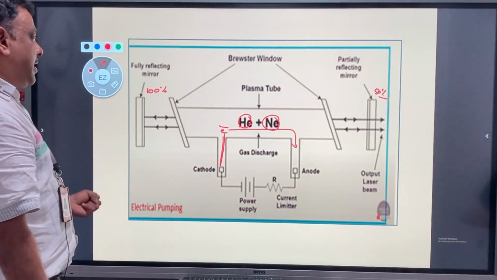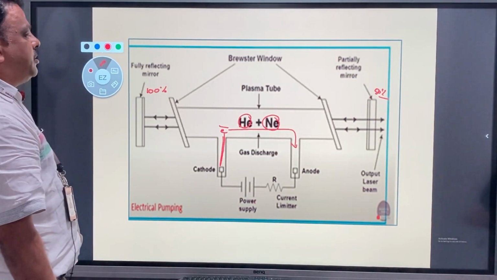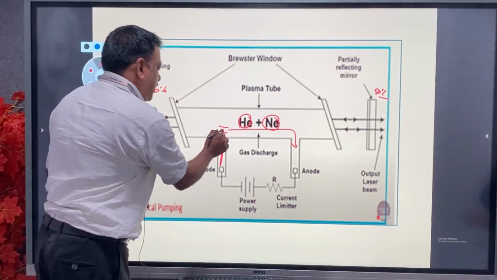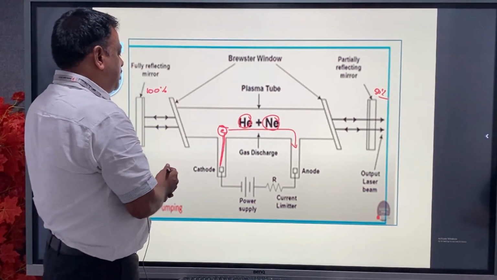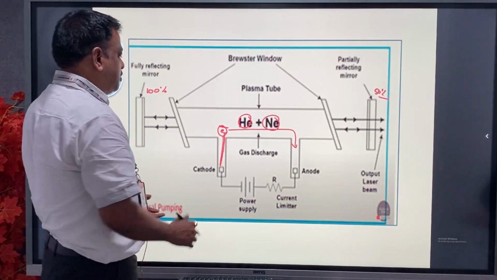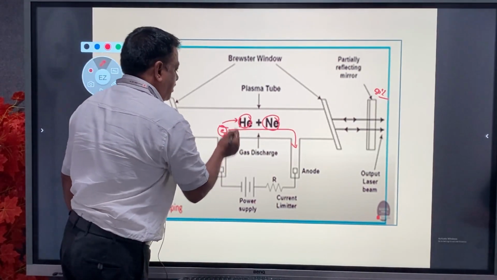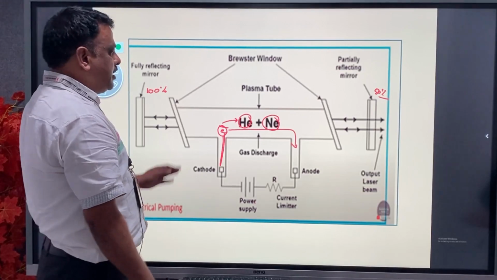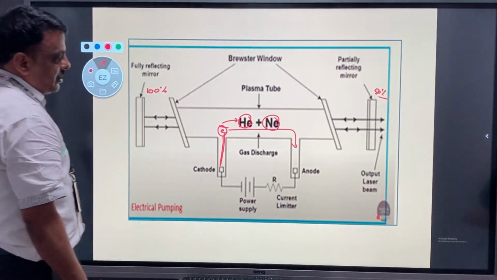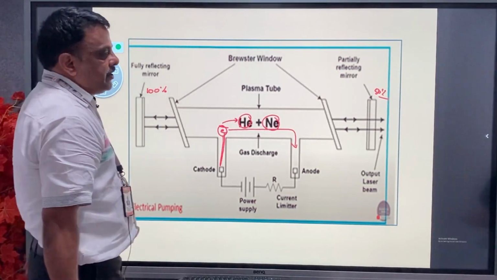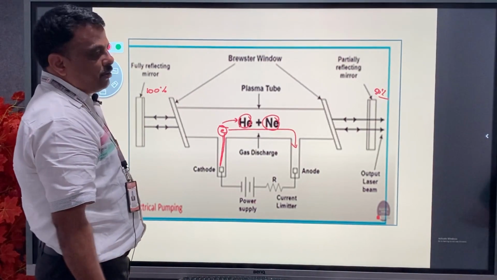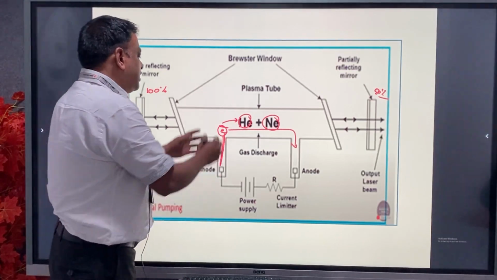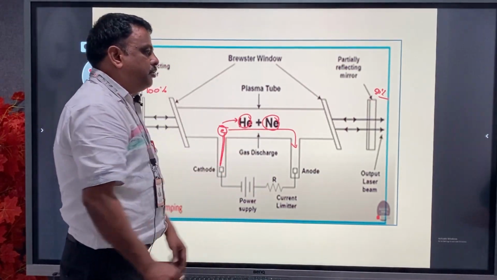Helium is a lighter particle compared to neon. When an electron collides with helium, the collisions are inelastic, and the total energy of the electron is transferred to the helium, so the helium atom goes to the excited state. But neon is heavier, so that amount of energy is not sufficient to raise it to the excited state. So helium helps neon.